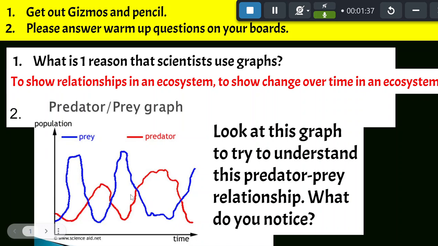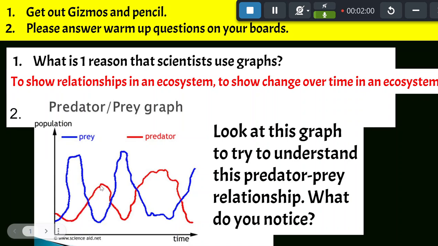It's pretty typical so that we have prey, that's the animal that's going to be eaten. As the number of prey increases, it actually allows the number of predators to increase because there's more food available for them. So the prey are increasing here, and you can see that the predators are increasing.